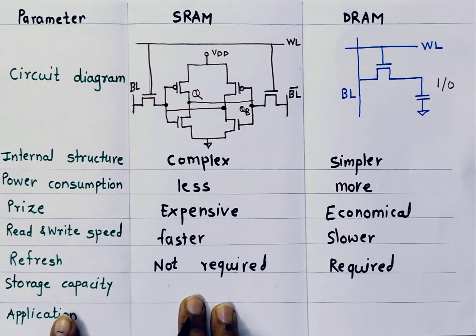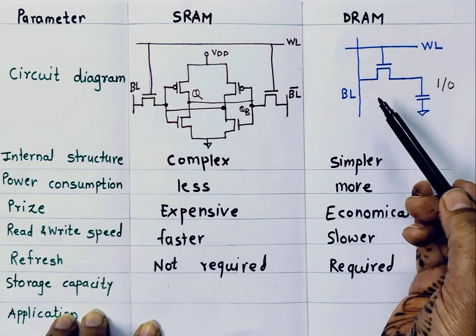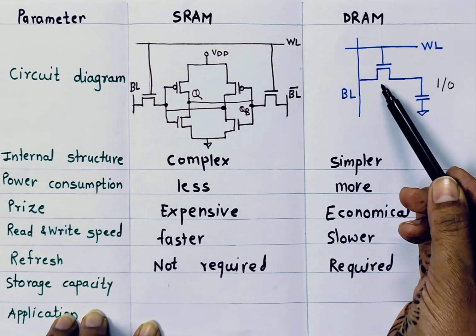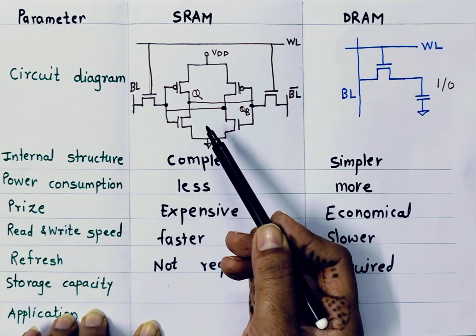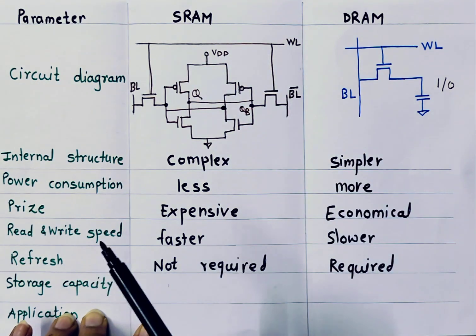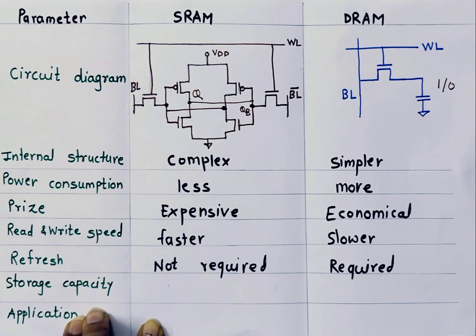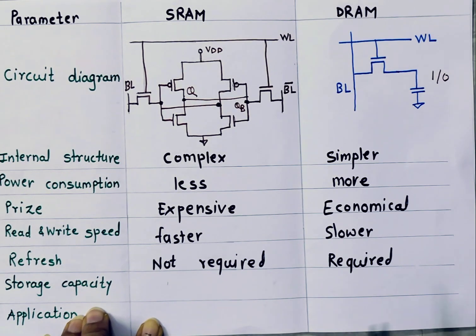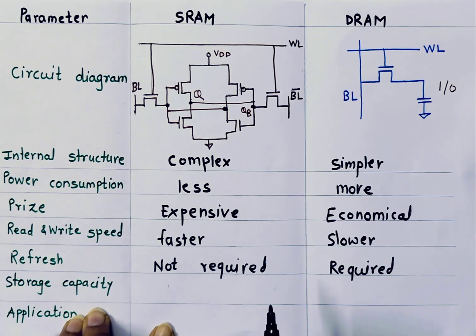Storage capacity. Our next point is storage capacity. Here you can see DRAM has a simple structure. It has only two components, one transistor and one capacitor. Whereas in case of SRAM we have many transistors. So to store data, in case of SRAM, the density is less, whereas in case of DRAM, the density is more.